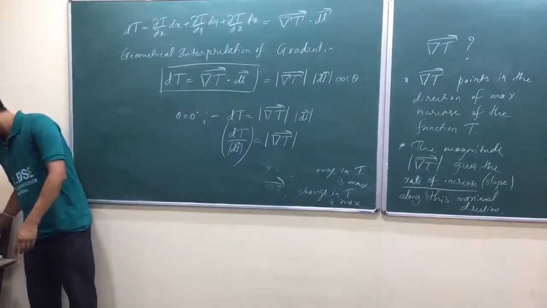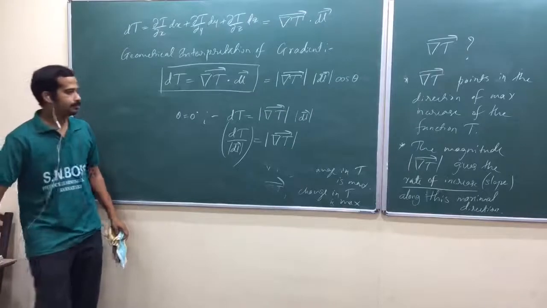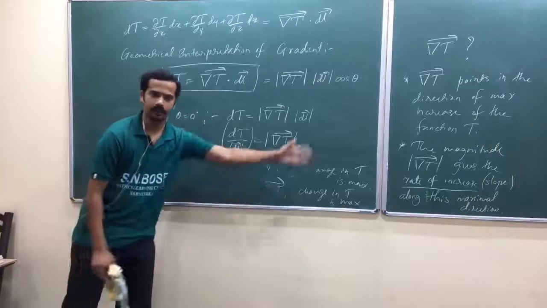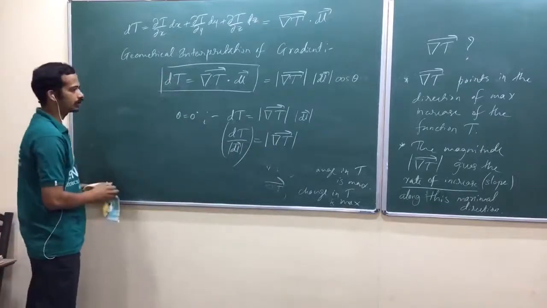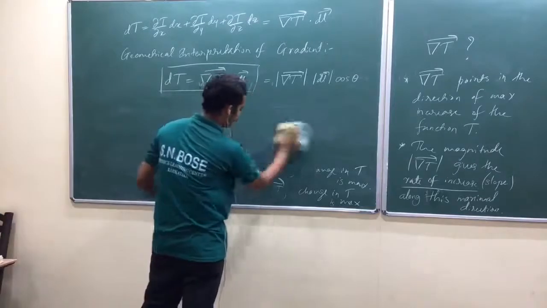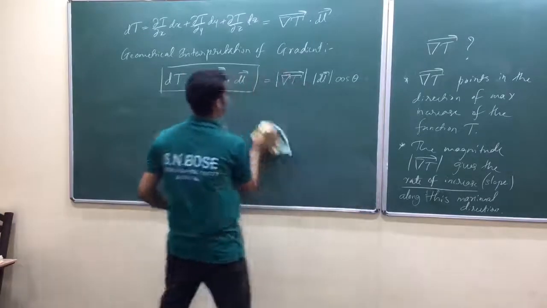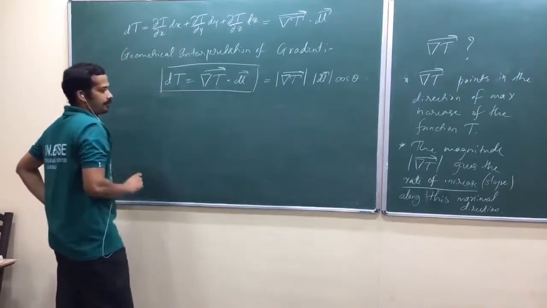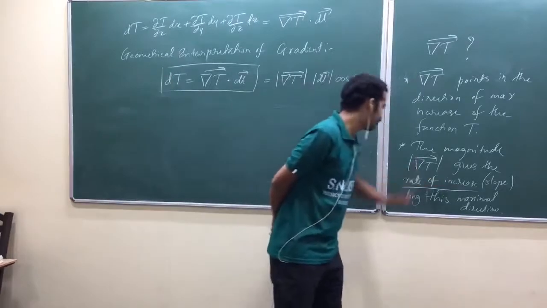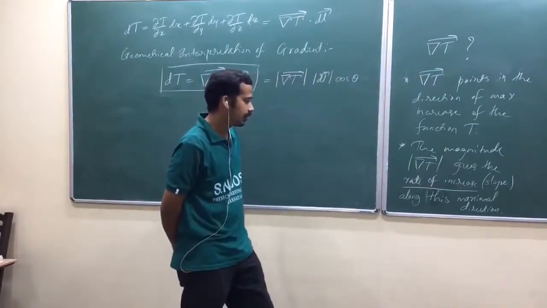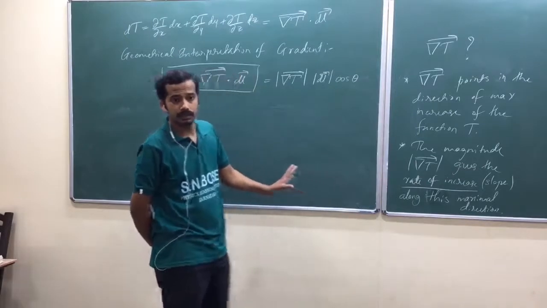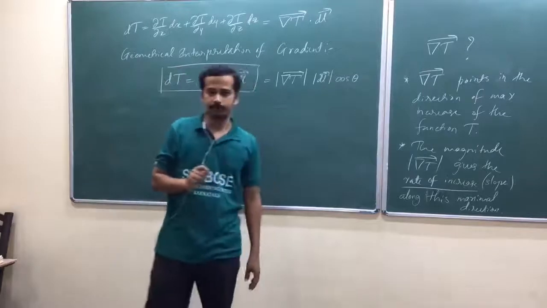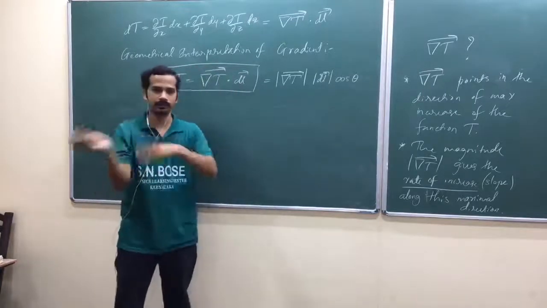Is that okay? Now look here. We were talking about theta equal to 0 degrees or 180 degrees. You can talk about theta equal to 180 degrees also. So look at this one very carefully. Whenever you talk about the magnitude of the gradient, that is the rate of increase along the maximal direction. Remember, let me take you in this way. In space, you have different temperatures at different places.